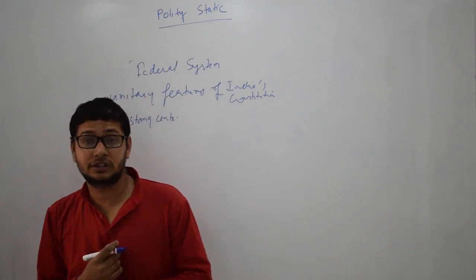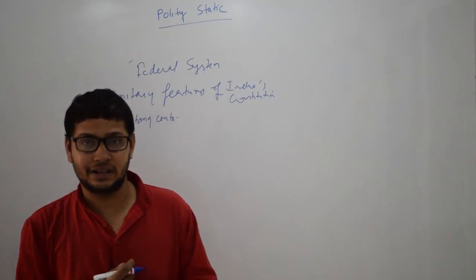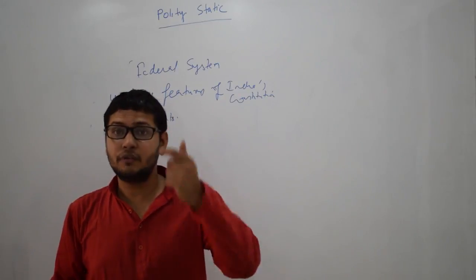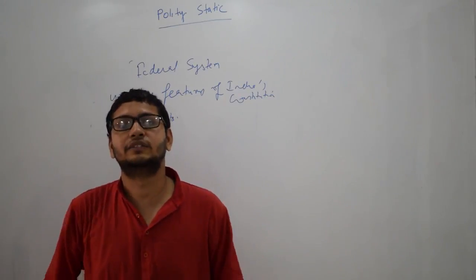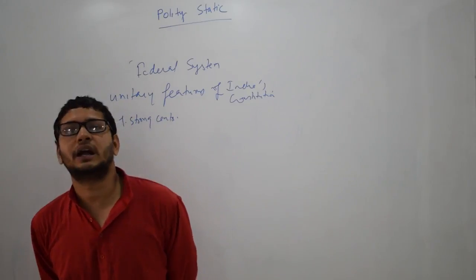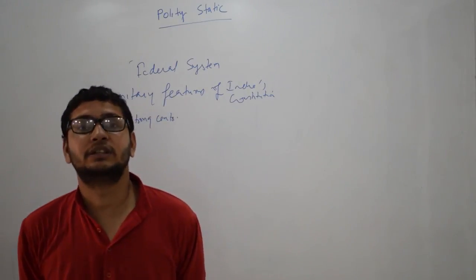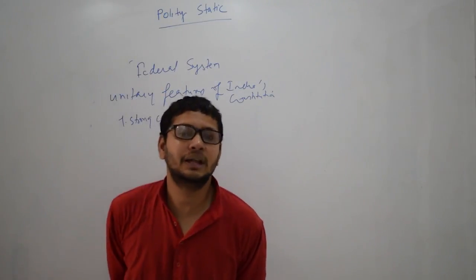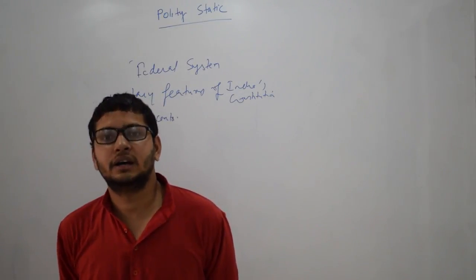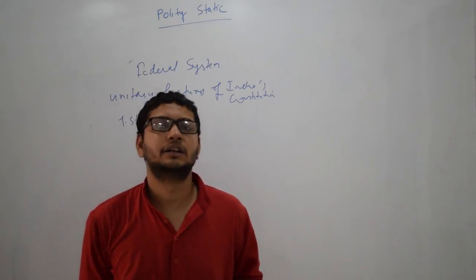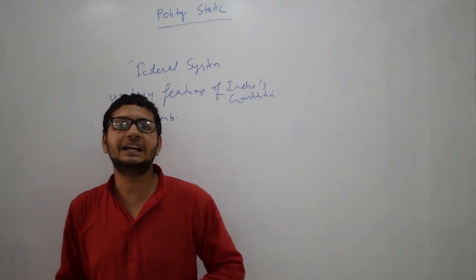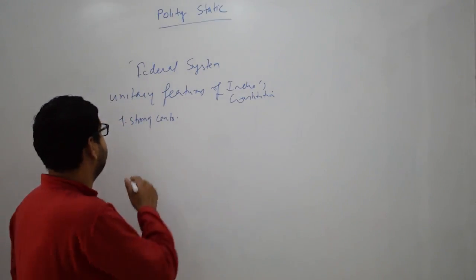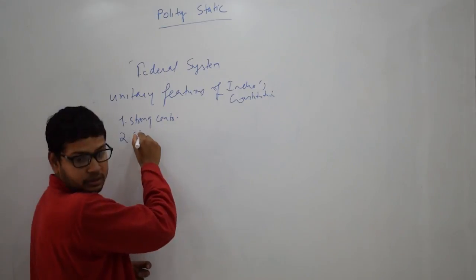We have a strong center which is very strong compared to the states, right? Because in India, the central government has power to dismiss the state government under Article 356. All the subjects in the residuary list are dealt with by the central government. And even in the concurrent list, if there is conflict between center and state, the center will prevail over the states. Second is that the states in India are destructible.